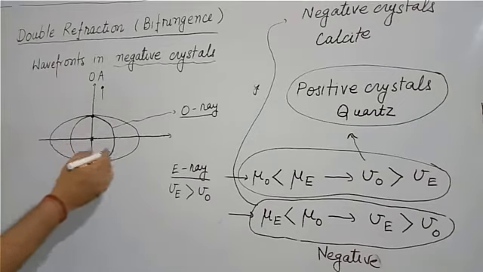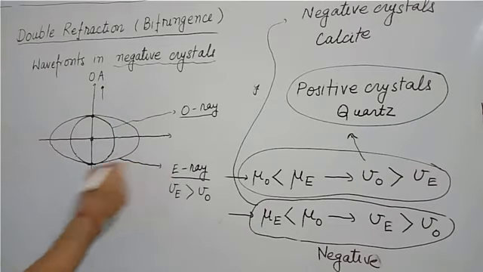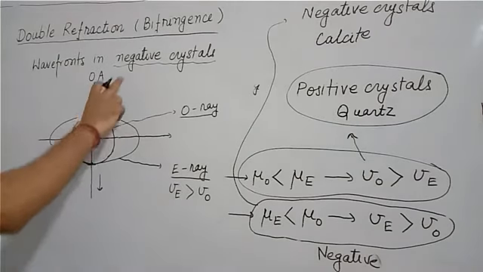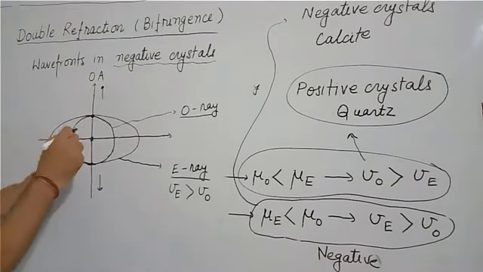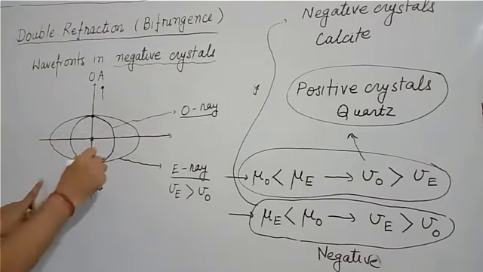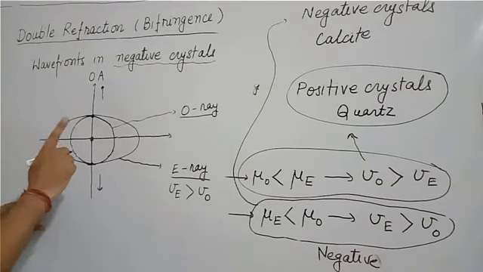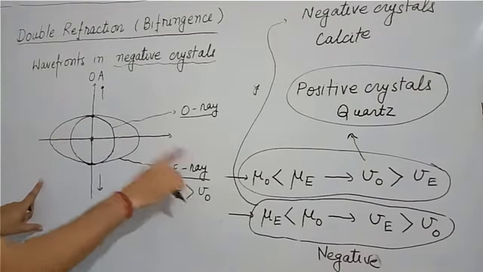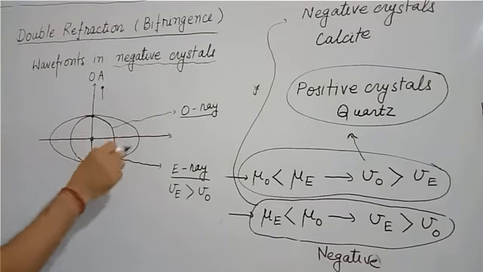And this will be the two-dimensional picture of this wavefront. In 3 dimensions, this is the wavefront corresponding to E ray. In 2 dimensions this is an ellipse. If we talk about the 3-dimensional wavefront, then it will be an ellipsoid type of structure. So in negative crystal, the wavefront for O ray is a circle in 2 dimensions and a sphere in 3 dimensions, while the wavefront for E ray is an ellipse in 2 dimensions and ellipsoidal in 3 dimensions.